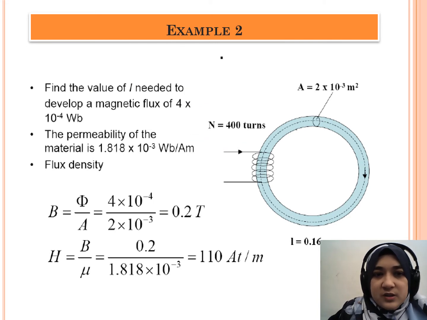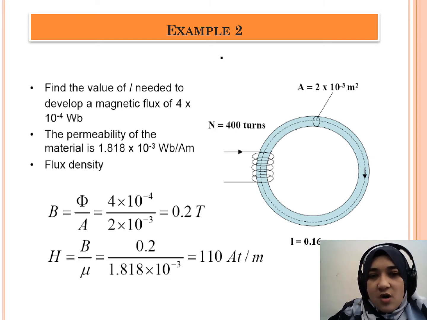Okay, for example, find the value of L needed to develop a magnetic flux of 4 times 10 to the power of negative 4 Weber. Here you have N equals 400 turns and A equals 2 times 10 to the power of negative 3. The permeability of the material, mu, is equal to 1.818 times 10 to the power of negative 3 Weber per ampere-turn per meter.